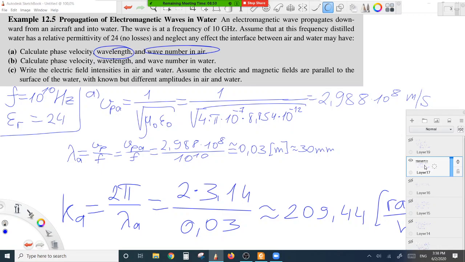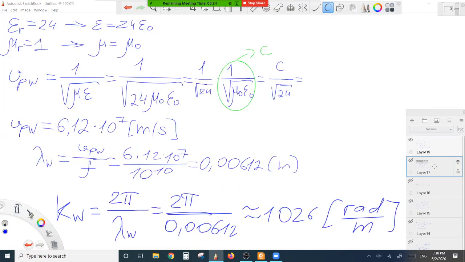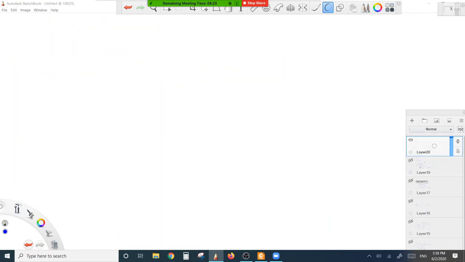Assume the electric field and magnetic fields are parallel to the surface of the water, with known but different amplitudes in air and water. Okay, how do we proceed with the last question?